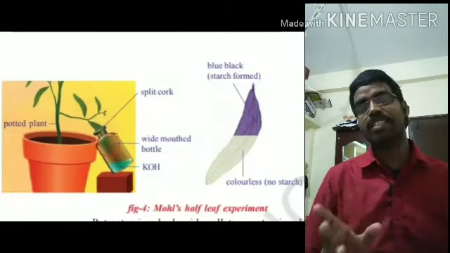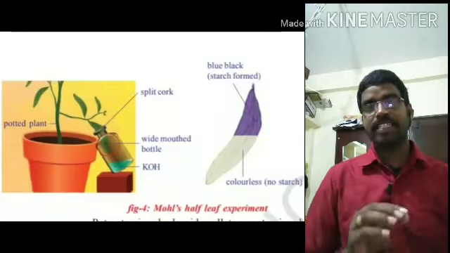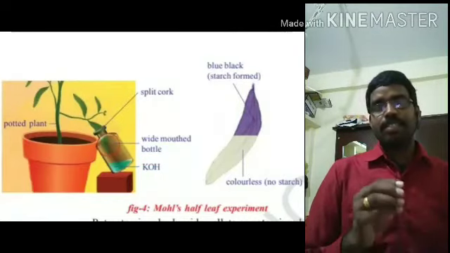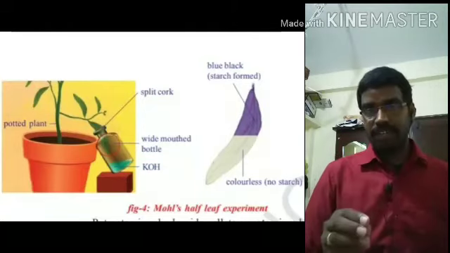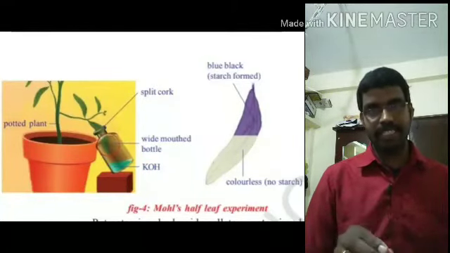That's why it does not turn blue black. The outside part of the leaf turns blue black. So we confirm that carbon dioxide is essential for photosynthesis.